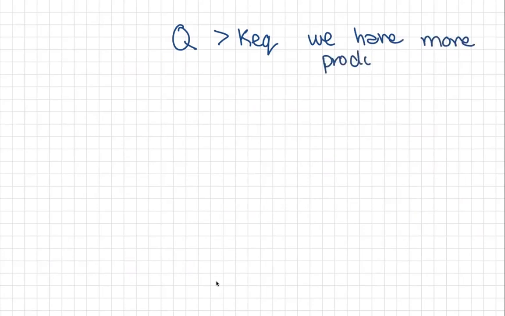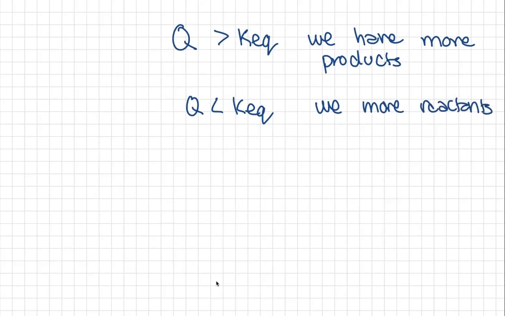If our Q is greater than our Keq, we have more of our products. And if our Q is less than our Keq, we have more reactants.